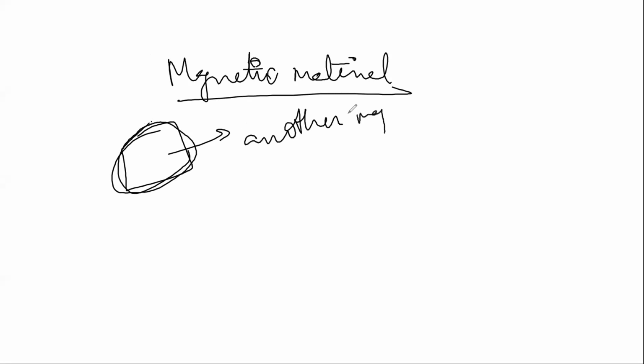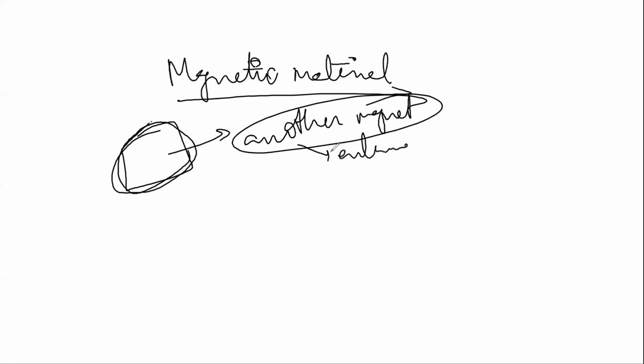If I bring an external magnet near a substance and there is a reaction on this substance because of the external magnet, then this substance is said to be a magnetic substance, or magnetic material.